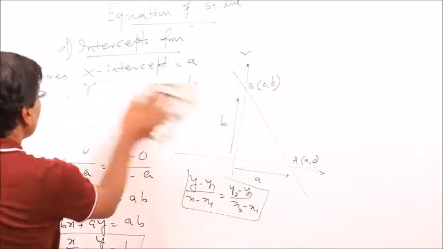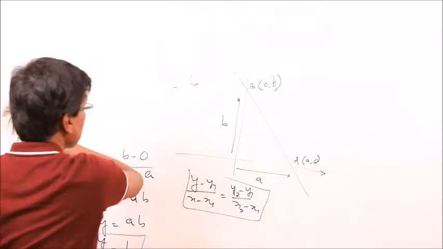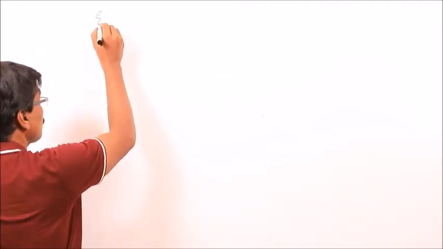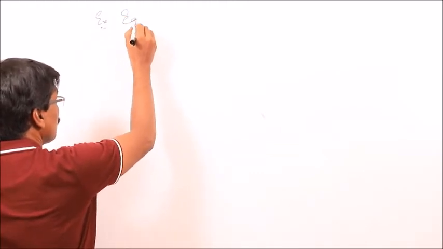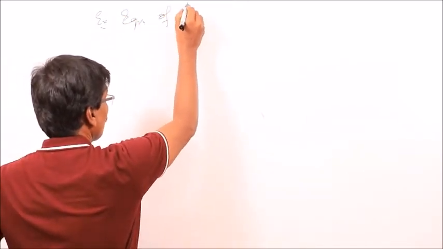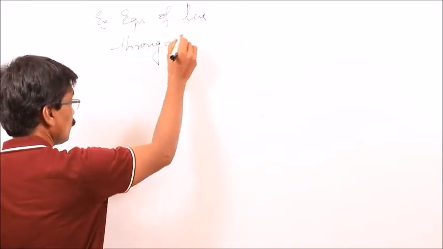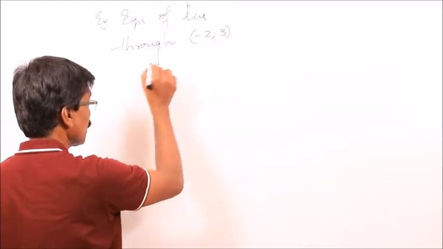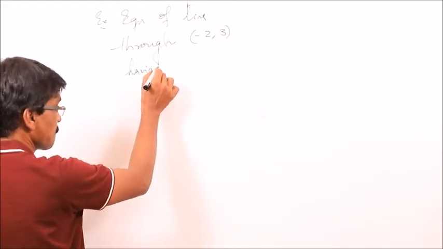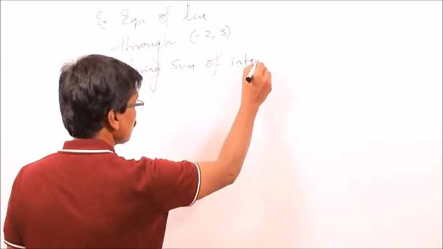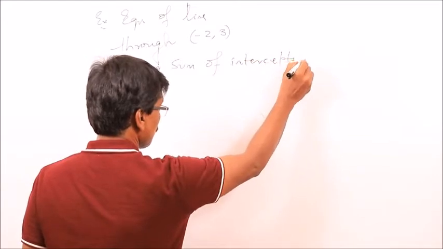So we can take one example. Find the equation of a line through (minus 2, 3) having sum of intercepts equal to 2.